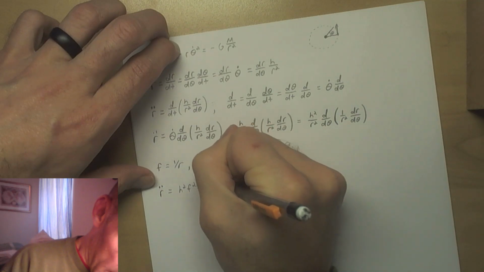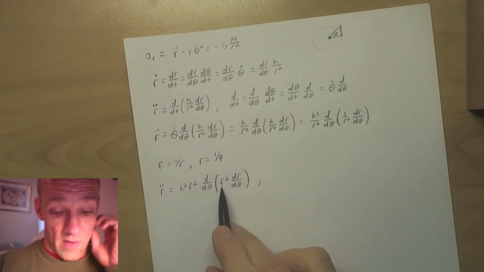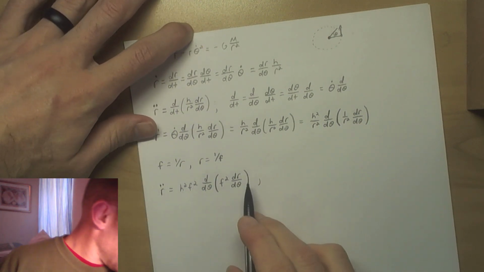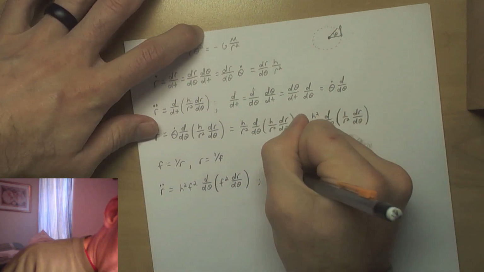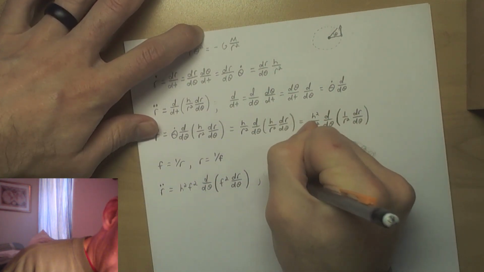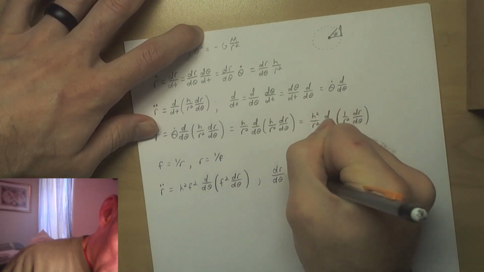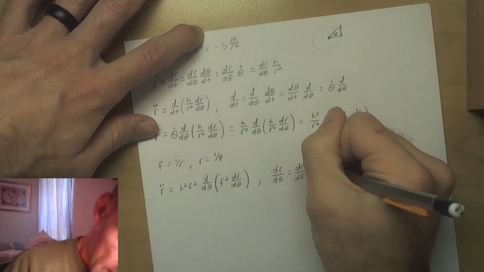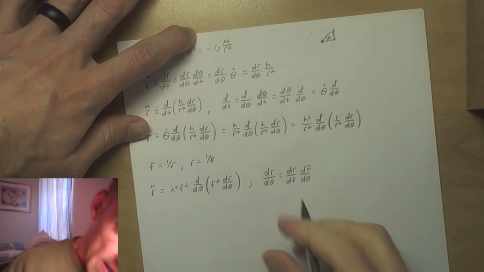Now we'd like to get rid of that dr d theta and put it in terms of f as well. So again, we use a chain rule. Dr d theta is the same as dr df times df d theta.